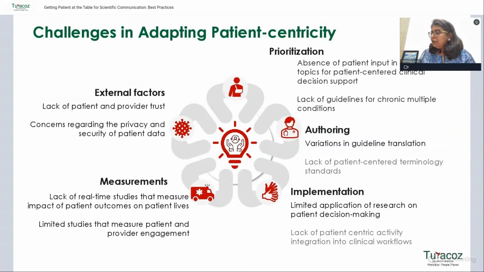Now, the prioritization cannot be a very general term here. It is very patient specific, and you have to prioritize depending upon what the patient needs, what the patient requires.